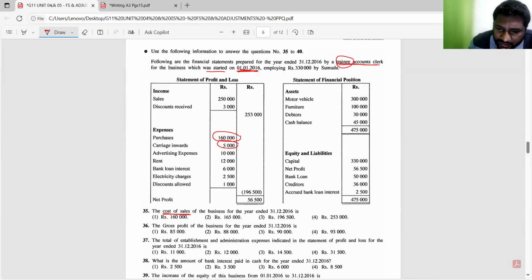Motor vehicles, furniture, debtors, cash balance. Capital. Net profits. Bank loan. Creditors, accrued bank interest. Now this question has a problem. They have not given the closing stock, so we have to approach it the other way.